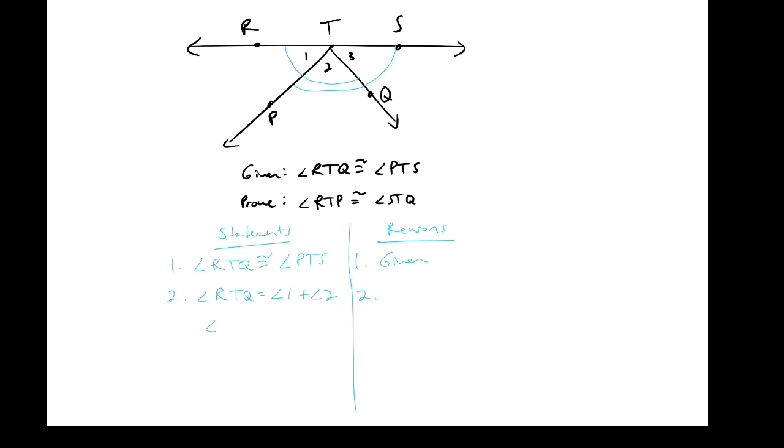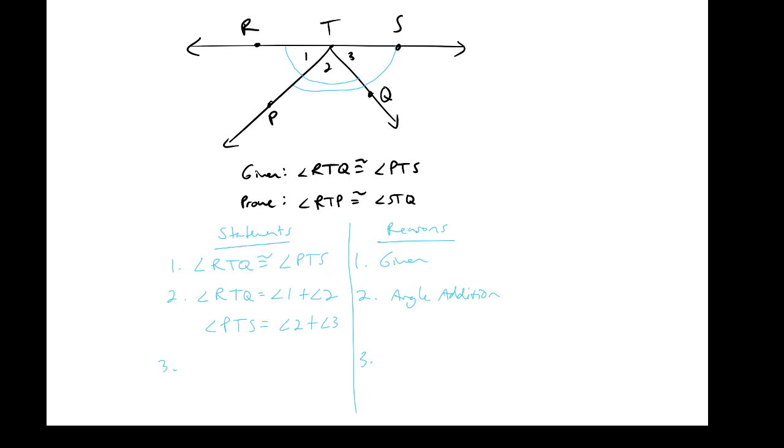Moreover, PTS is equal to 2 plus 3. So this is when we're actually adding angles together to create a larger angle. Not just addition, but that is angle addition. It's not just anytime you add angles, but specifically when we get those angles equal to each other.